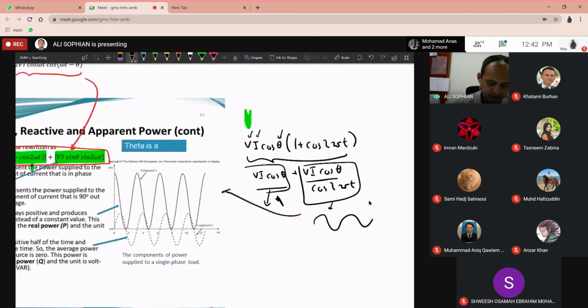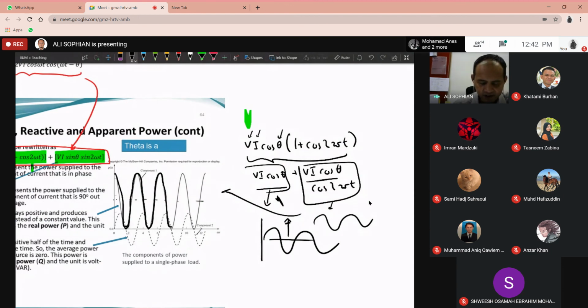So it's a cosine wave that has a bias of VI cos theta, which is the magnitude of it. So it's not going across zero like normal, but has been shifted up by VI cos theta. The function will go towards zero, and after touching zero, it will go up again. So it never goes negative. This is what the first term represents.